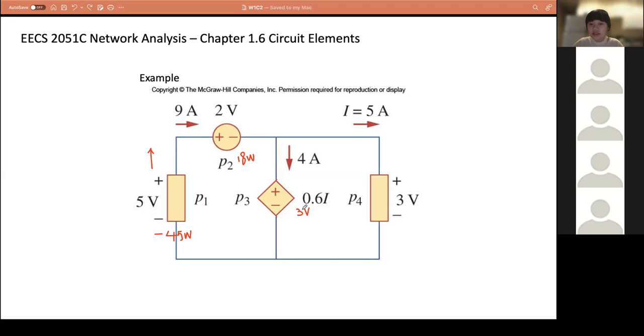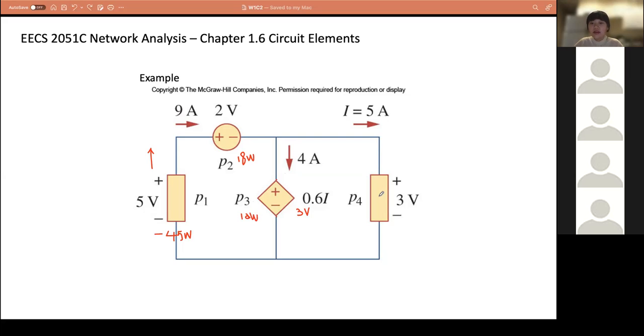We have the current going into the positive terminal, so the current is positive. So P3 is positive 4 amps times positive 3 volts, which is positive 12 watts.